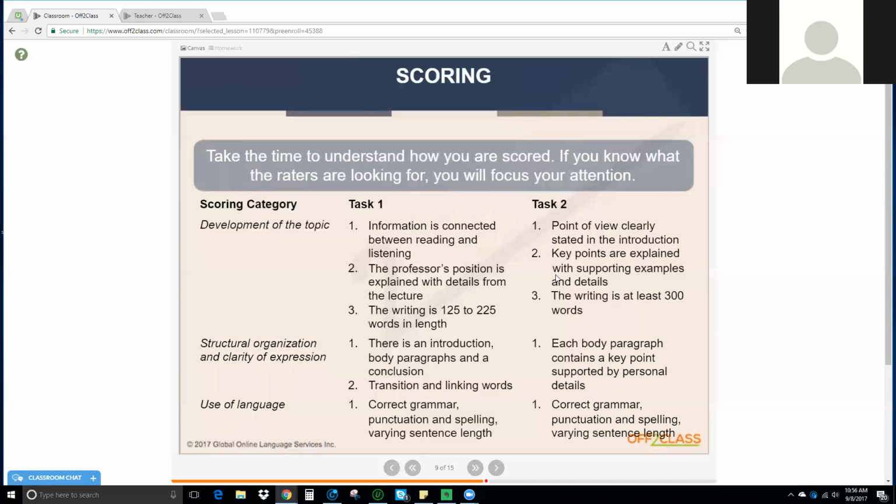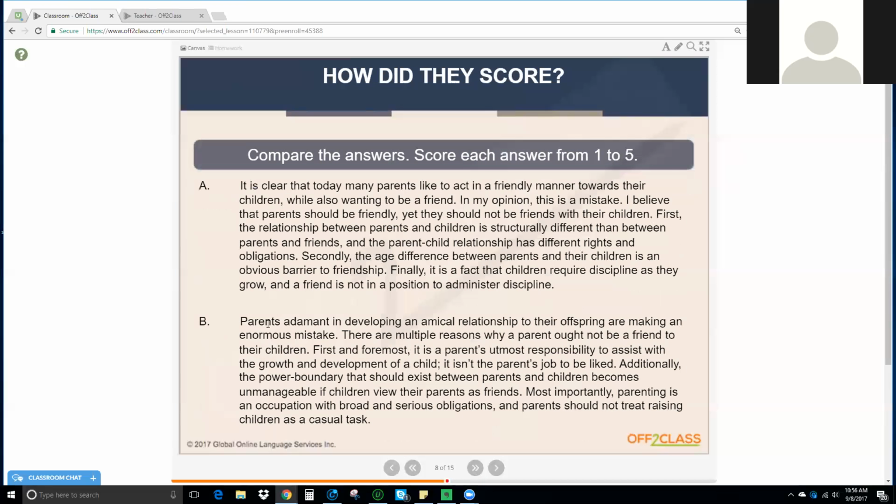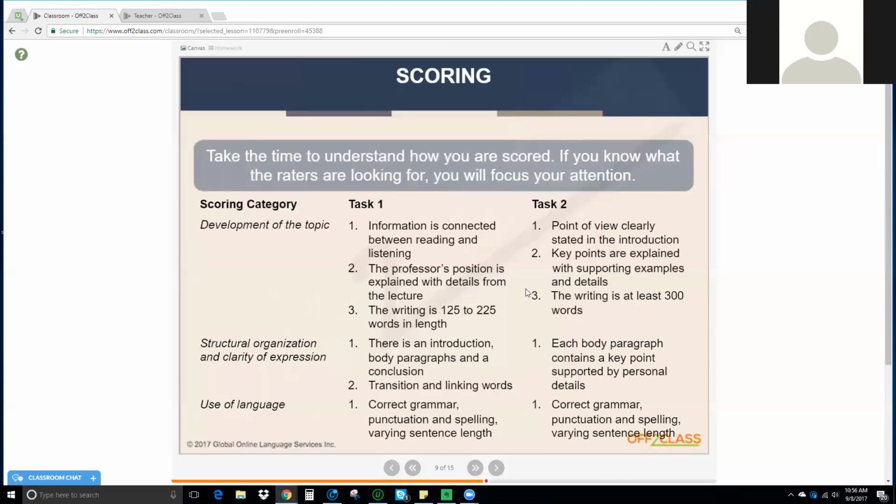Structural organization and clarity of expression. Okay, actually I want to back up because I thought we were looking at the two students, but these are actually the two tasks. Okay, so this is not our scores just yet.